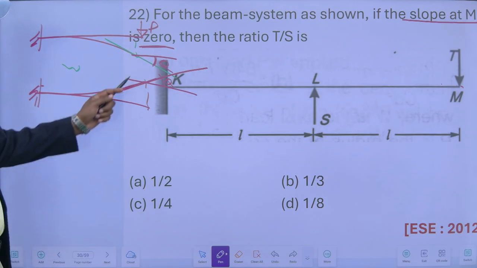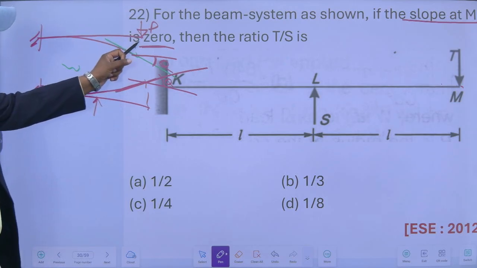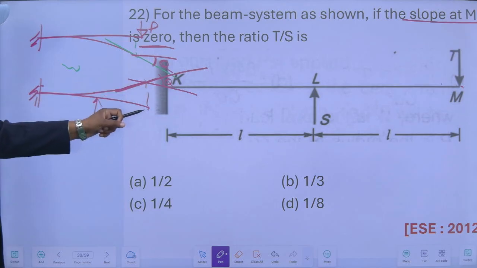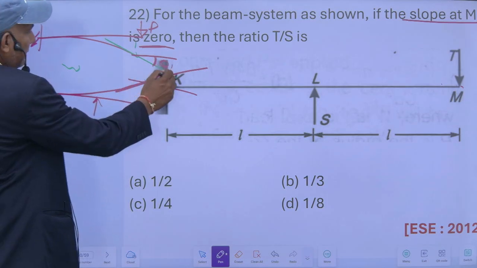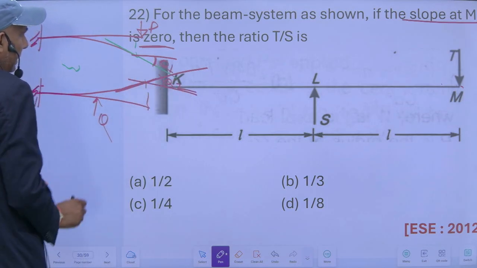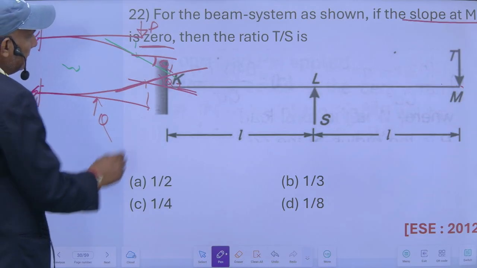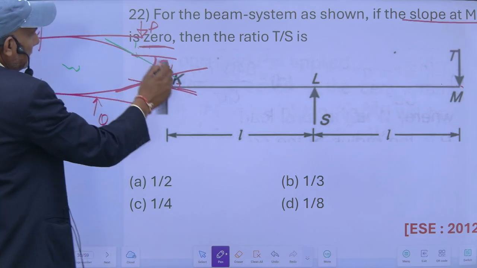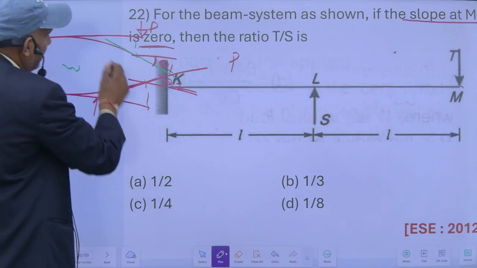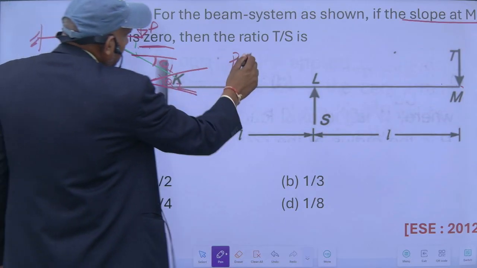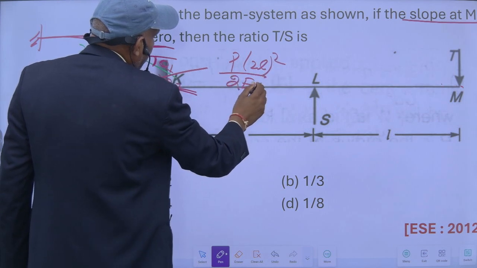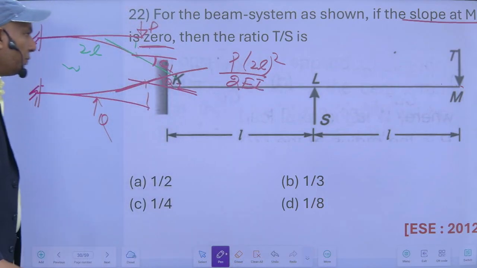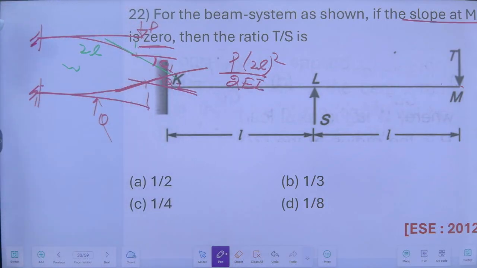It means the slope because of this P is equal to this slope, theta 1 and theta 2. This is P into 2L square upon 2EI. This is the formula, WL square upon 2EI.